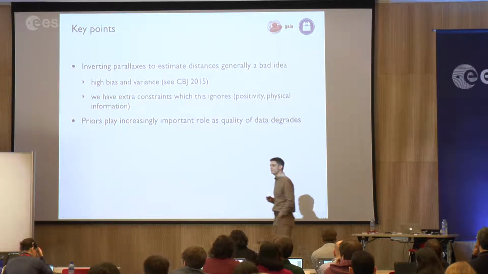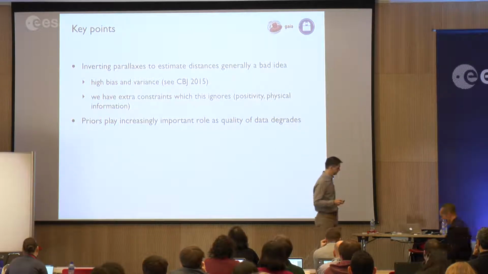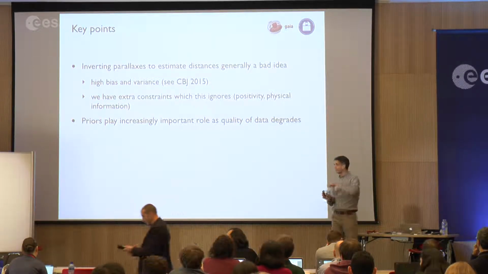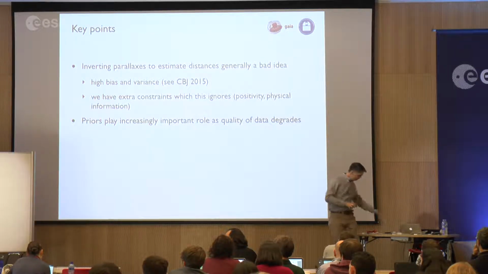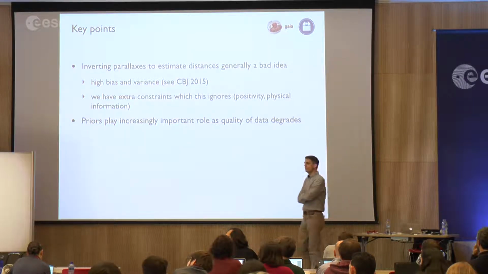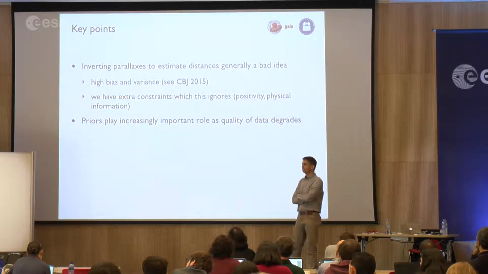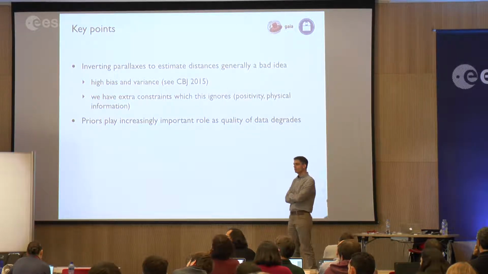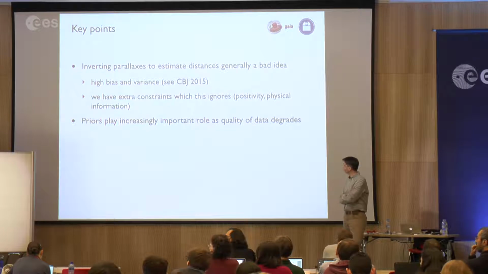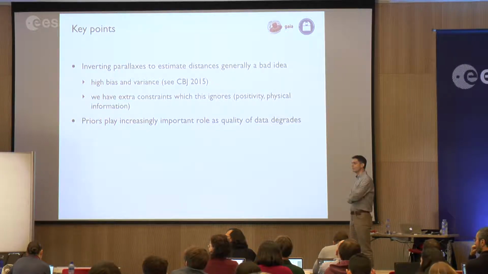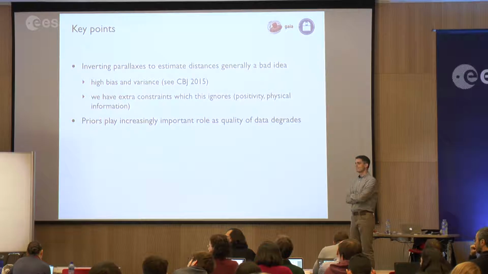Yeah? You need a microphone. I just had a thought about your comment about priors becoming more important as the quality of the data degrades, which is true. I had a thought about why it seems not to happen in this context, that the more data you get, the less the prior matters and things become dominated by the likelihood function, because that's the usual story.